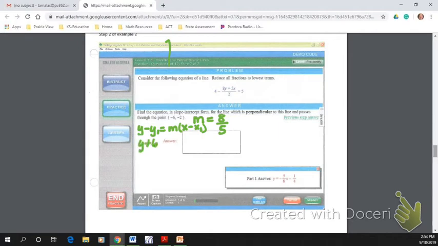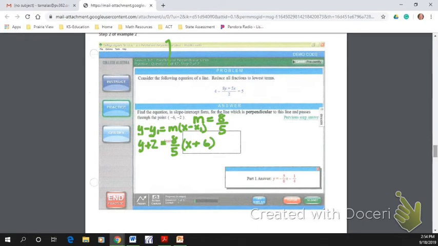So y plus 6 equals a positive 8/5 x, and the opposite of x1 would be, oh, I did that backwards. That's not a 6 there. That should be a 2 over here. That's the y value. No biggie, no biggie. Yeah, y plus 2 and x plus 6. Does that make sense? Yeah.